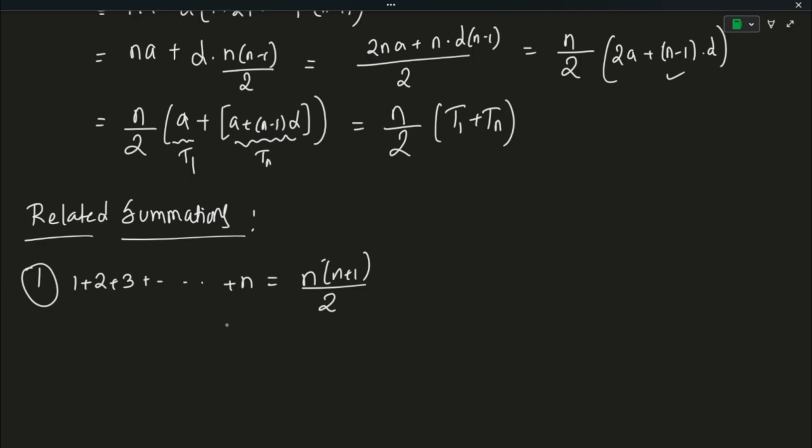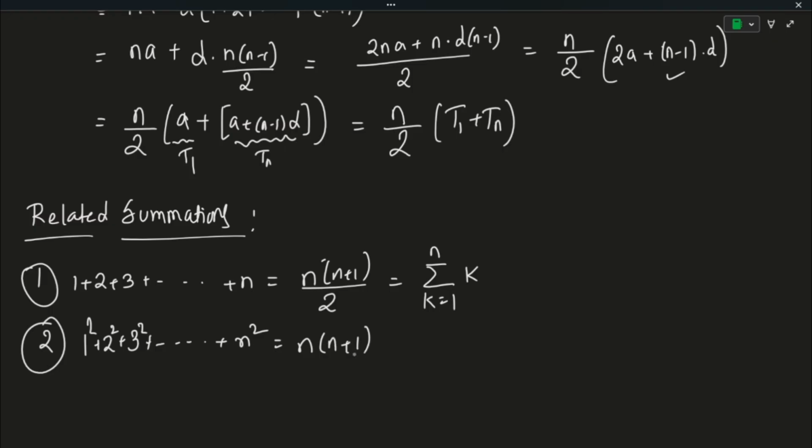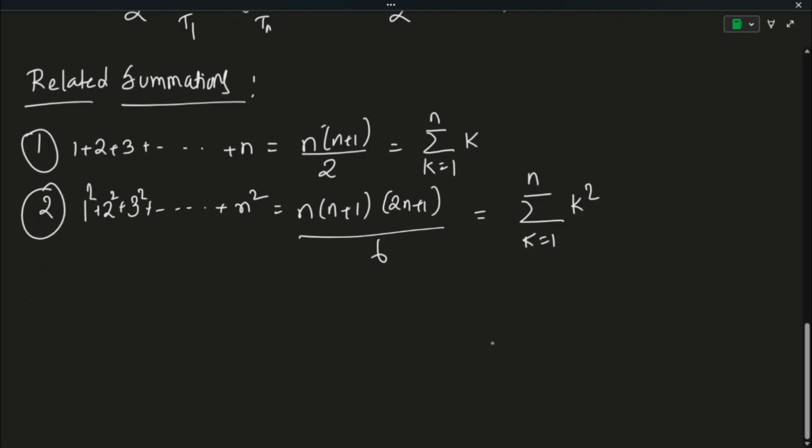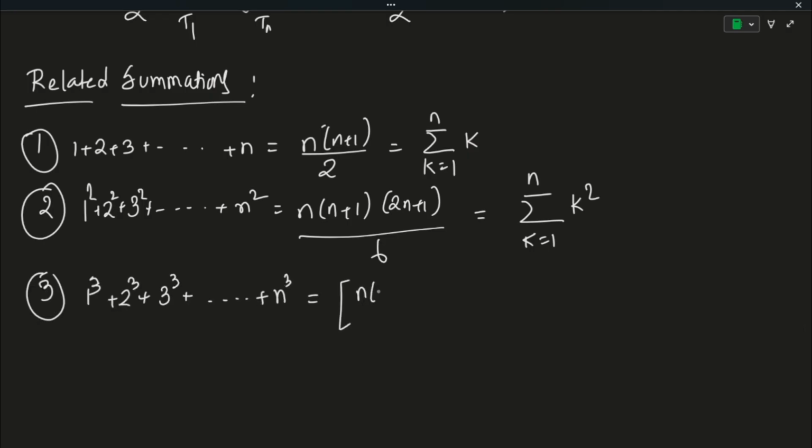Okay, you can find this out using AP. और इसको समेशन नोटेशन में क्या लिखा जाएगा, sum from k = 1 to n of k. नंबर 2 मेरा, अगर मैं कहूँ, the sum of squares of natural numbers, this is not an AP, पर आपको पता होना चाहिए इसका वैल्यू भी. Sum of n squares is equal to n × (n+1) × (2n+1)/6. और इसको समेशन नोटेशन में we can write as sum from k = 1 to n of k squared. इसके बाद नंबर 3, ये आपका बन जाएगा (n × (n+1)/2) का whole square.